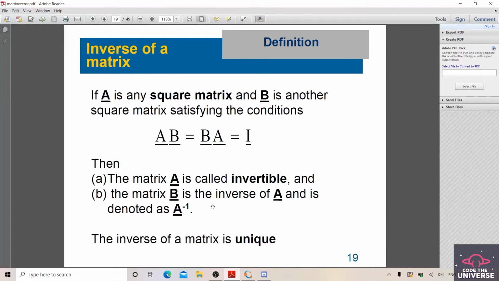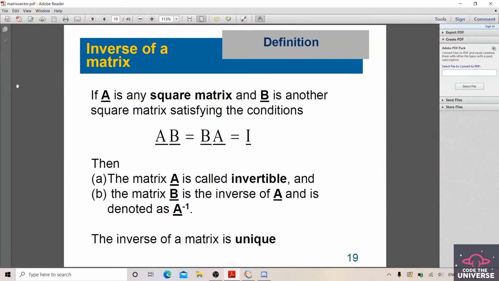Similarly, if I multiply A with A inverse, I'm going to get the identity matrix. As I told you, the identity matrix serves as kind of the one of matrices. There have to be certain conditions for a matrix to be invertible. Those conditions really don't matter here.